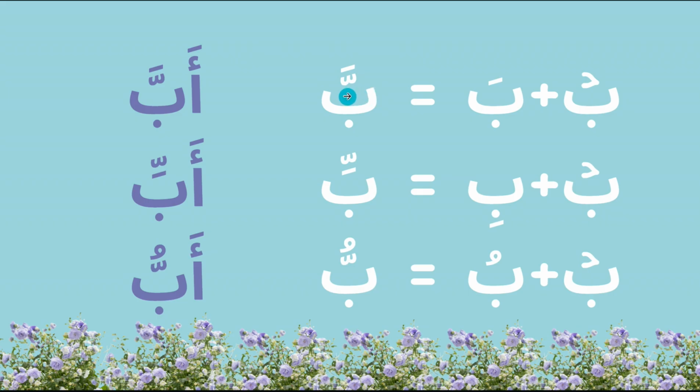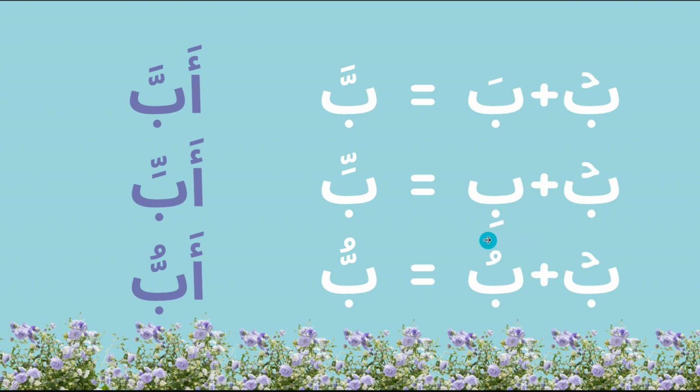And this sign that looks like the head of the letter seen, this is shaddah, meaning that this letter consists of two letters. The first one is a sukoon and the second one is with a fatha. And that's why we can find a fatha on top of it. Same here. First letter is a sukoon and the second one is with a kasra.